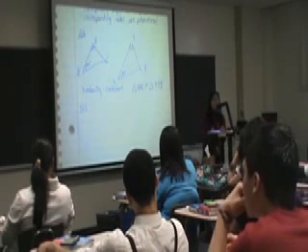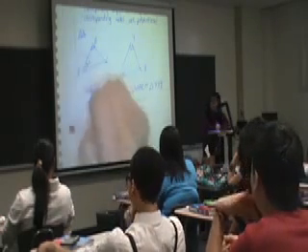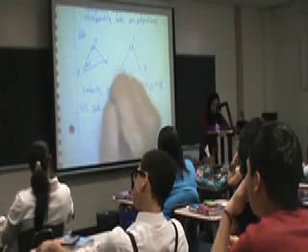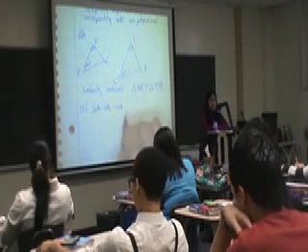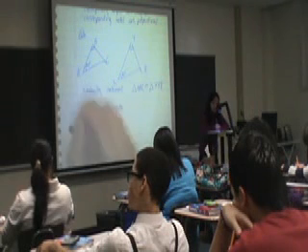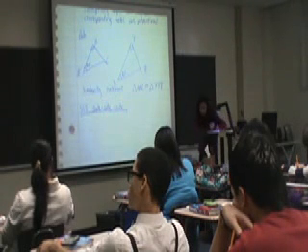But this time we're not dealing with congruent triangles. We're doing similar triangles. Wouldn't you have to do the ratio? Yeah, that's exactly what we do.